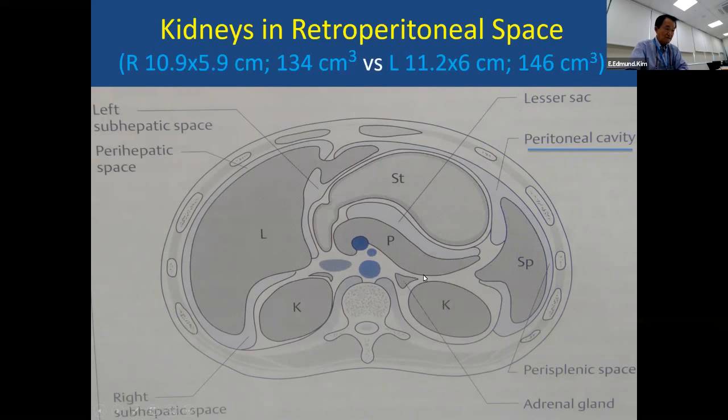As you see here, we have the pancreas, aorta, superior mesenteric artery, and the adrenal glands in front of and superior to the kidneys. This space is called the peri-renal space.